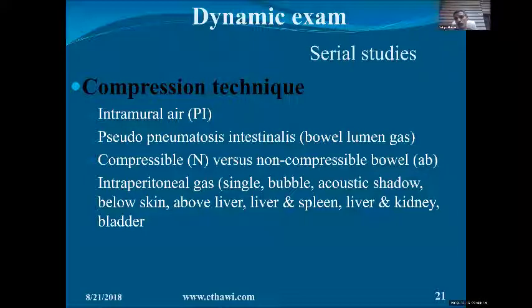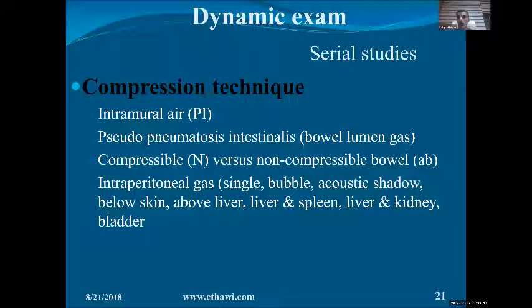So if the dependent area is the back, then the gas will go to the front. And you'll see it mainly in the non-dependent area, above or below a solid organ. So either below the skin, or above the liver, or between liver and spleen, or between spleen, liver and kidney, or between spleen and the kidney, or on either side of the bladder.